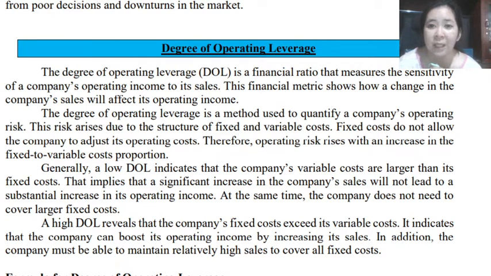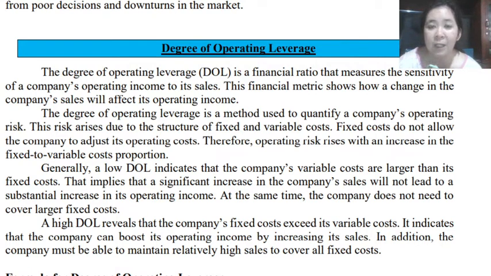Since fixed costs do not allow the company to adjust its operating cost, because we all know that fixed cost will still continue even if the entity does not produce or does not have sales activity, fixed cost will still be incurred. That's why this is an important consideration to be controlled by the entity to minimize their cost. Therefore, operating risk rises with the increase in the fixed to variable cost proportion.